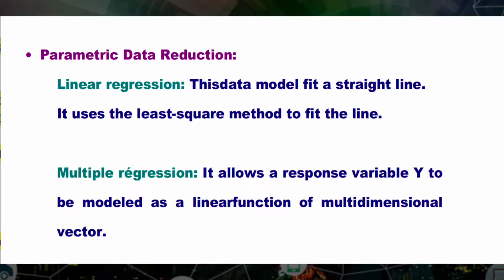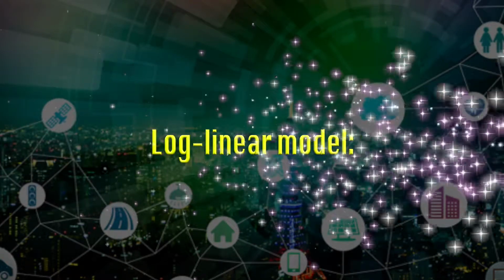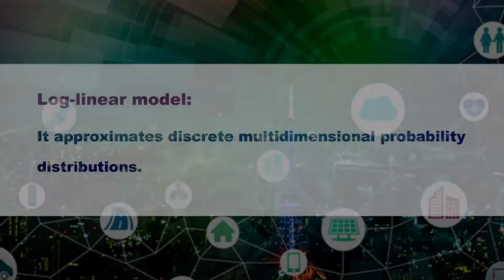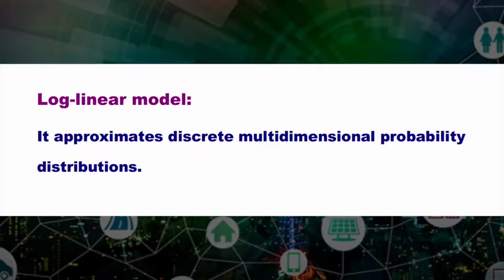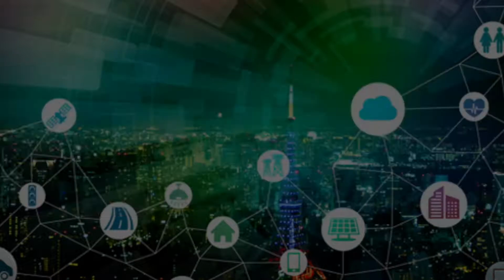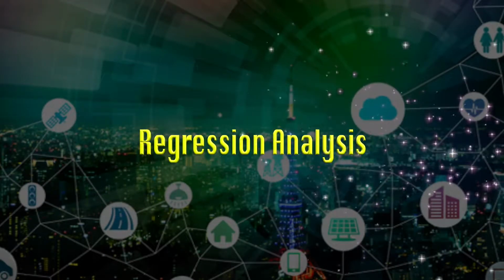Next concept is multiple regression. It allows a response variable y to be modeled as a linear function of a multidimensional vector. The next concept is log linear model. It approximates the discrete multidimensional probability distributions. The next concept is regression analysis.